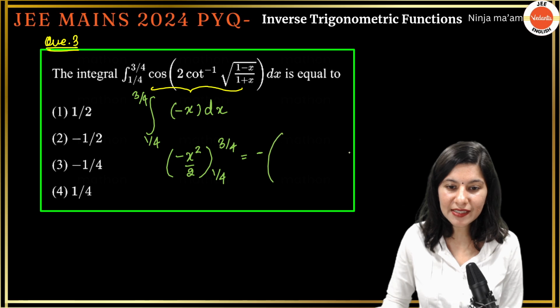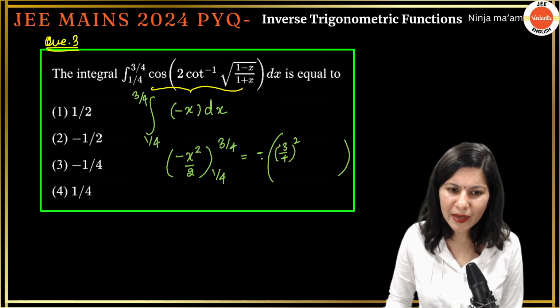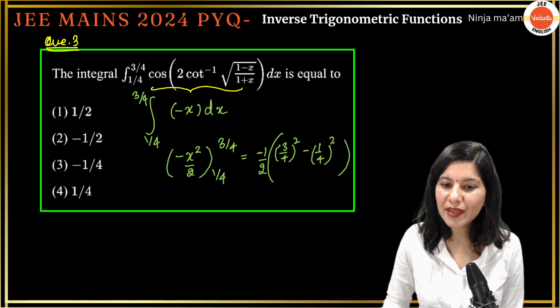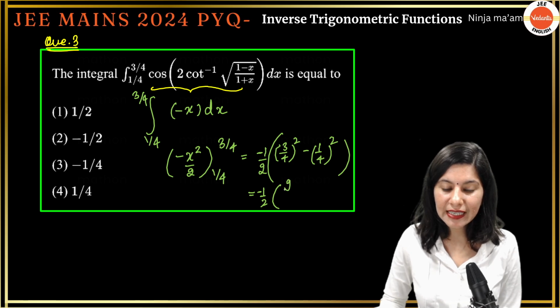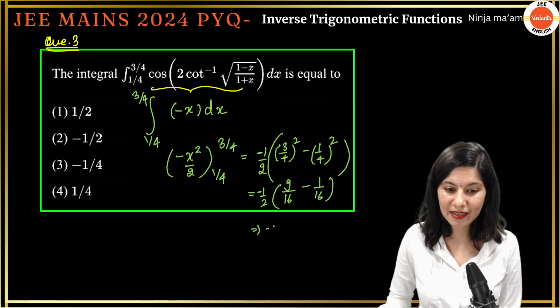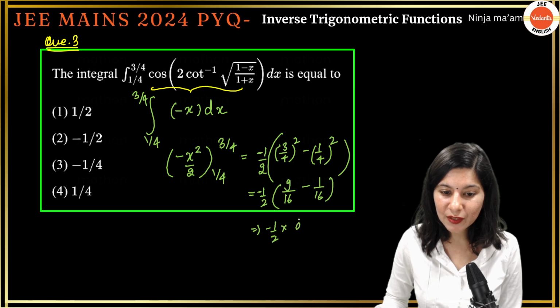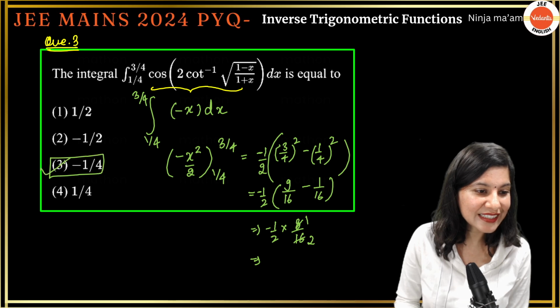So this is minus, and now 3 by 4 square, 1 by 2 also if I take common, minus 1 by 4 square, correct? So this is 1 by 2 with a negative sign. 9 by 16 minus 1 by 16, so 8 by 16. Minus 1 by 2 into 8 by 16 will give you what? Tell me. Minus 1 by 4 as the correct answer.